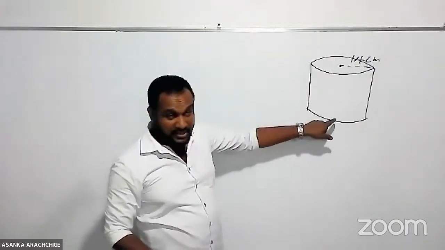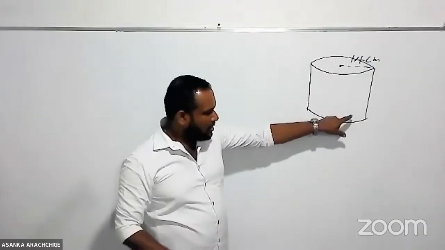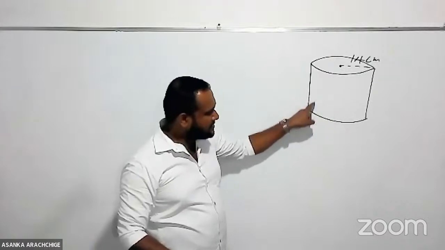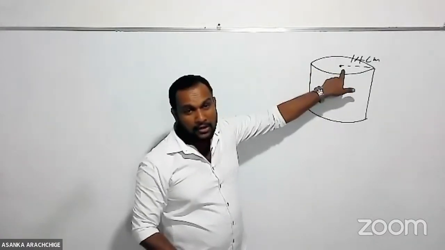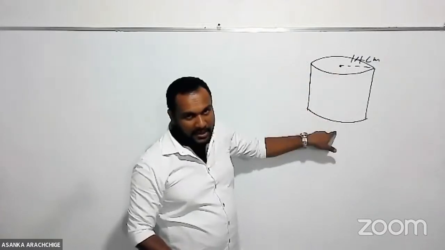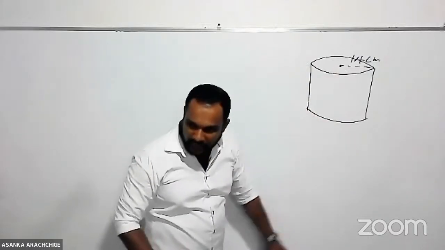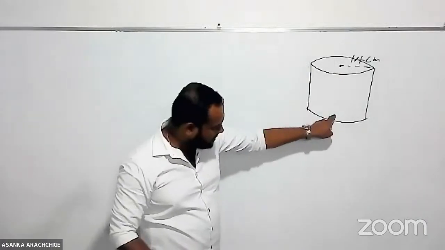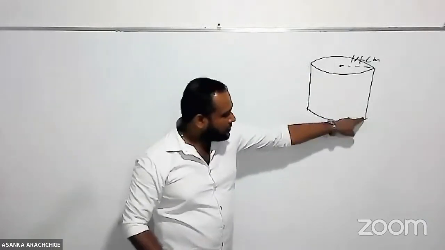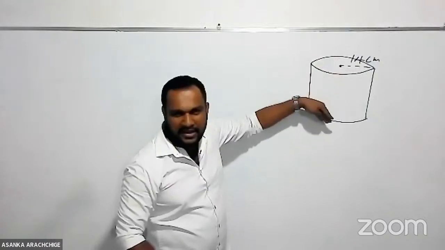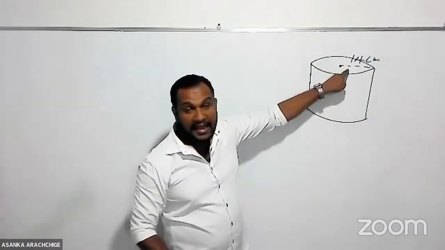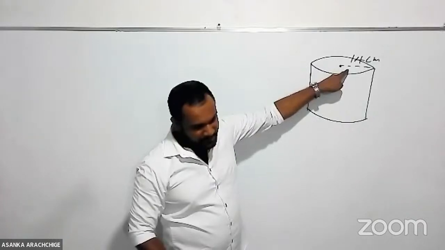Base means this is the base. The shape of this base and the other base are identical. Therefore, I have shown it here. This is the base, the bottom. Now, this cross section and this cross section are identical. Therefore, I have denoted it here.